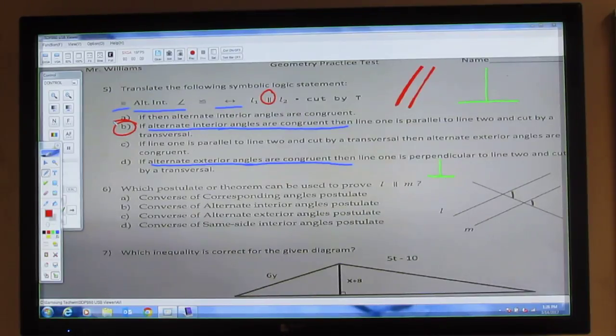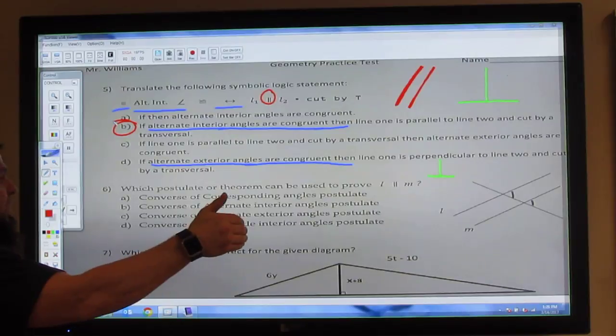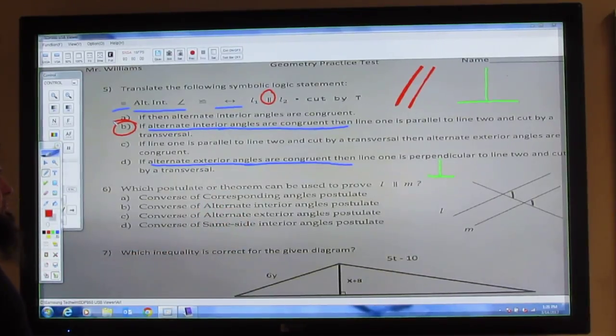This one's really easy. When we're talking about the converse, remember what the converse is. The converse takes the conclusion and makes it your hypothesis. It takes your hypothesis and makes it the conclusion. It just reverses them.